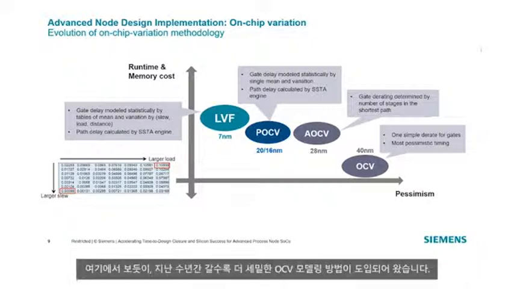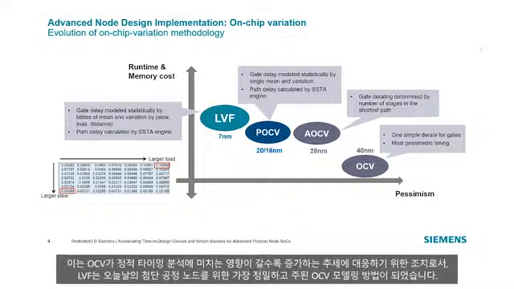As shown here, increasingly granular methods of modeling OCV have been introduced over the past years as a measure to counter the increasing effect of OCV on static timing analysis, with LVF being the most precise and the main method of modeling OCV for advanced process nodes today.